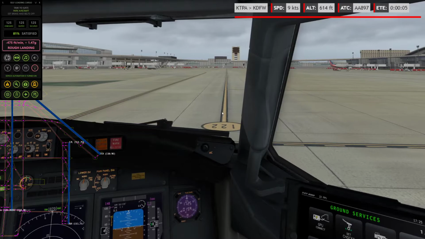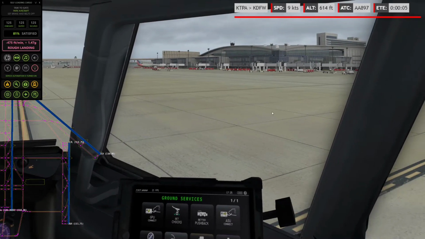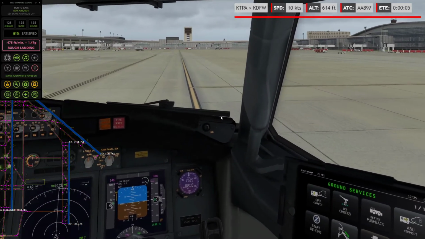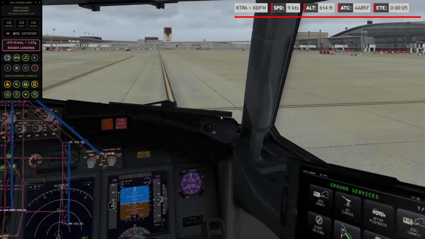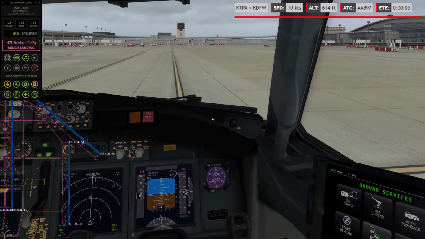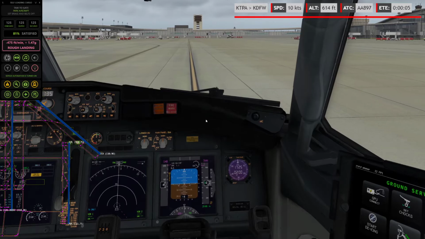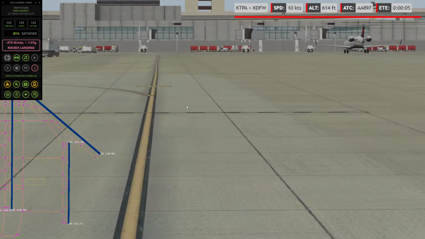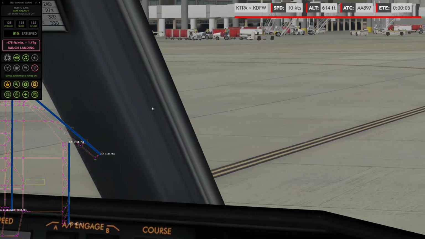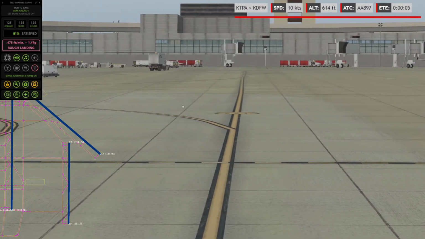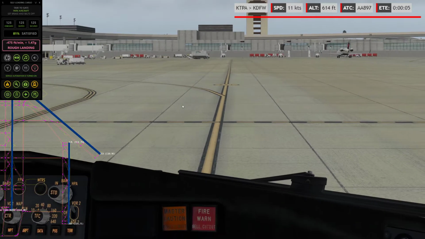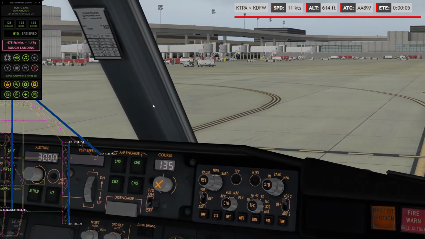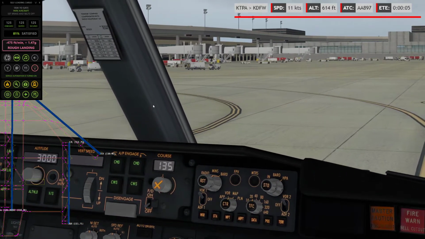Oh, it is really eating up my frame rates. Alright, looks like we are correct. And Bravo 6 will be... I'm not sure if there's markings on the taxiway. I don't think so. Which one is Bravo 6?